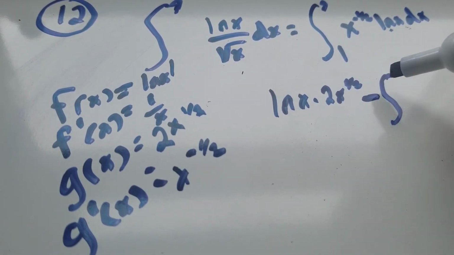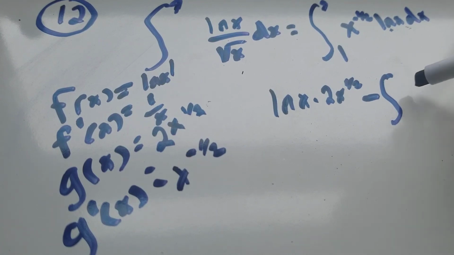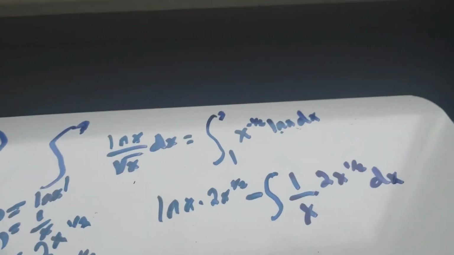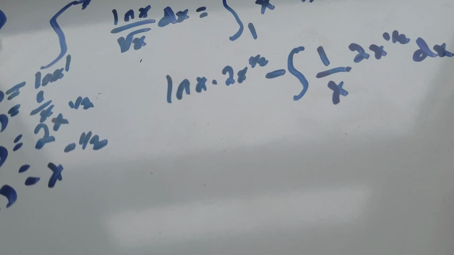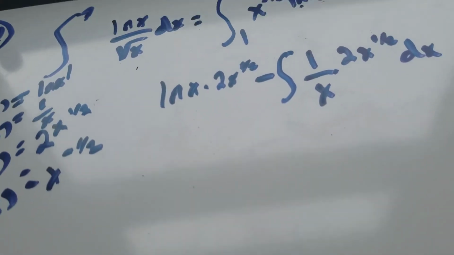Minus, we have our integral of, let's see, I just want to make sure, f prime of x and g of x, so that's 1 over x, and then g of x, which is 2x to the half power dx. Okay, so with that in mind, we have that.